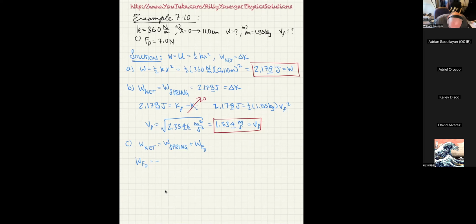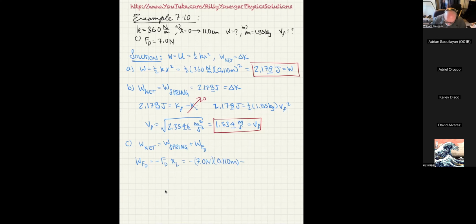So I'm now going to say it's FD times basically what we call x2. So this is going to be negative. The force is 7.0 newtons, and the distance traveled is 0.110 meters.